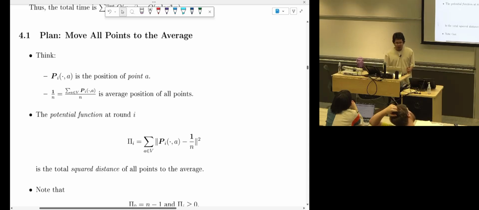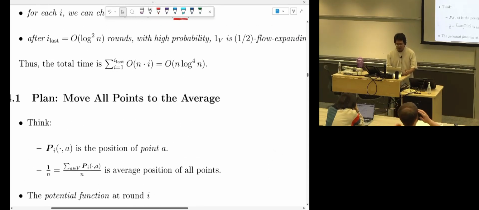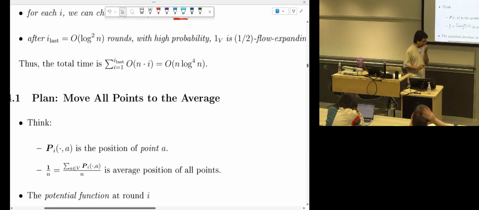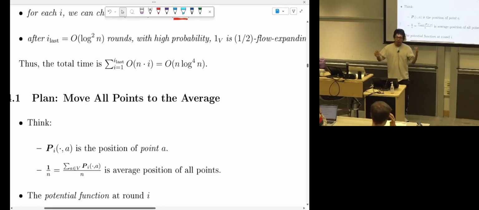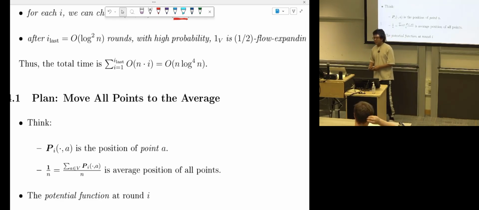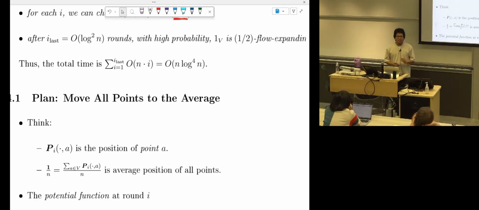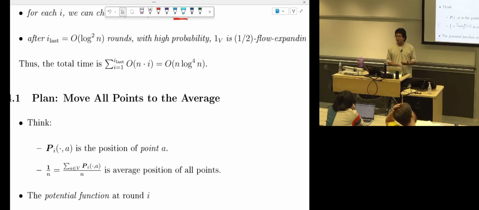So now, how do we approach this problem? How do we force PI to become something like a product demand? From now, I want you to think geometrically.